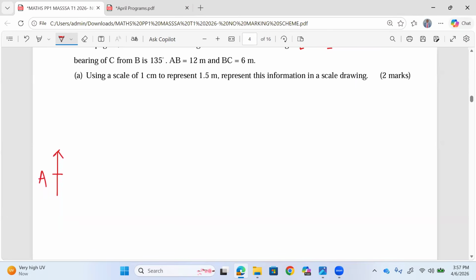So from the north, we measure 75, ladies and gentlemen. Then after measuring this angle of 75, we produce a straight line.